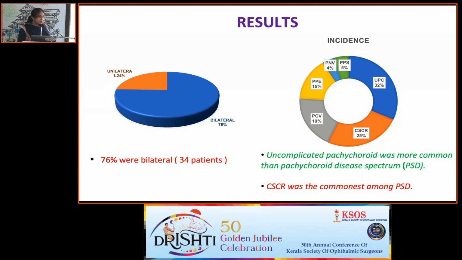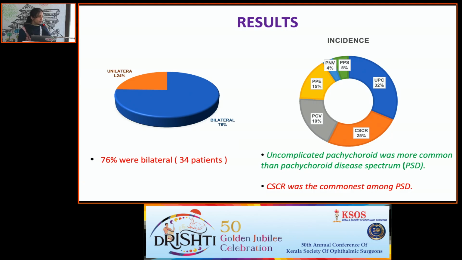So our results were as follows. 76% of the study population showed a bilateral presentation, that is 34 patients. Among the various entities studied, uncomplicated pachychoroid was more common than the pachychoroid disease spectrum. Uncomplicated pachychoroid was characterized by a thickened choroid and the presence of pachyvessels, but no retinal alterations.